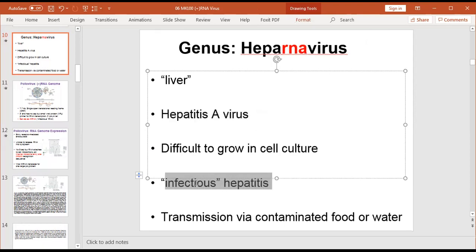It causes infectious hepatitis, and the hepatitis A virus is very difficult to grow in cell culture. Transmission of hepatitis A virus is via contaminated food or water.